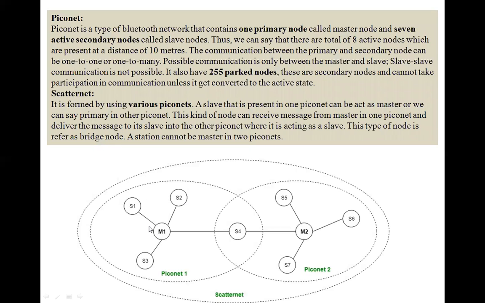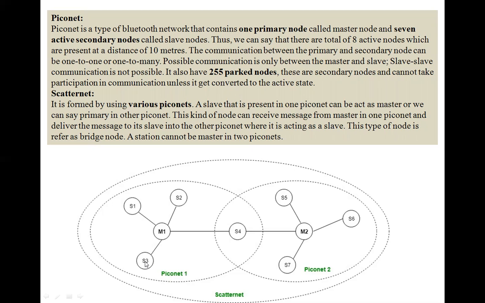This slide is showing you the piconet and scatternet. Piconet 1 and Piconet 2 are both shown in the bottom diagram. You can see M1 is the first one, a mobile or primary node, and the slaves are S1, S2, S3, S4, which build Piconet 1.